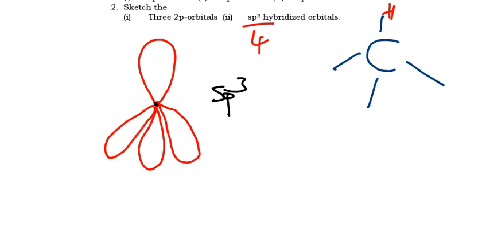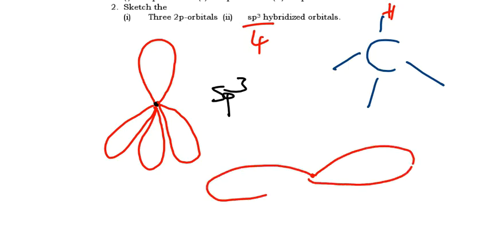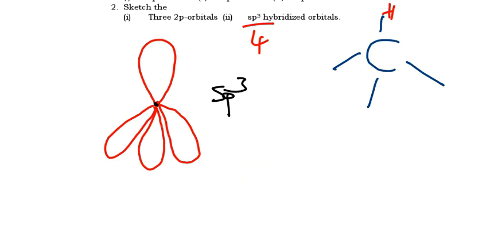I hope that makes sense. If you're going for an example of sp, I already showed you it's linear, so it's only this way and also the other way, like that. And then for sp2, which is trigonal planar, would have to go for 3.